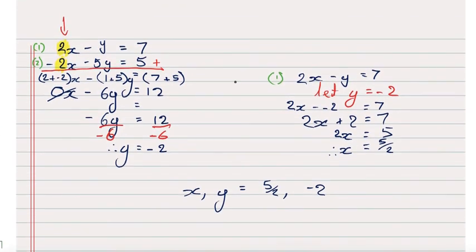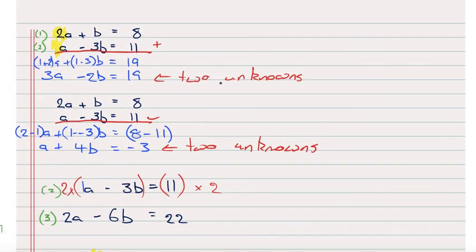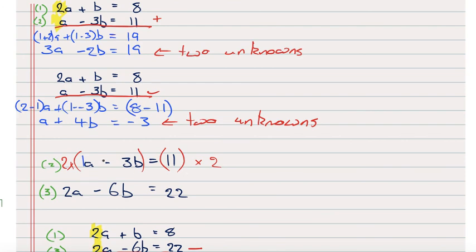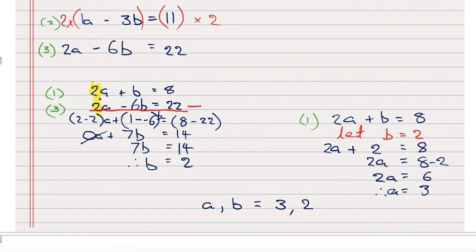In the second one, the coefficients in front of the x, the 2 and the negative 2, cancelled each other out again. Then in the third one, we tried to do it, but it didn't work. So we had to scale an entire equation such that the coefficients were equal, in this case the coefficients in front of the a's, and we subtracted one equation from the other to solve for b and a.